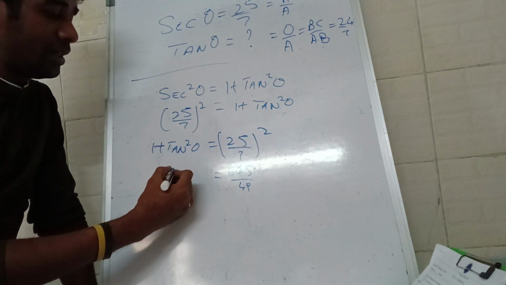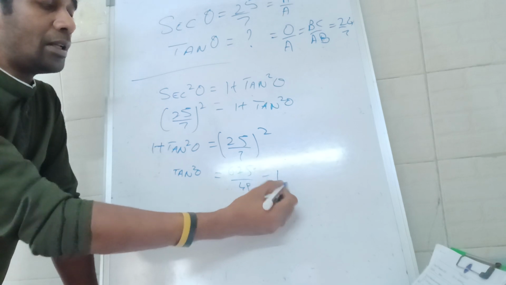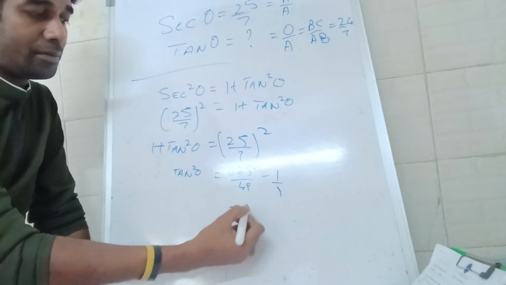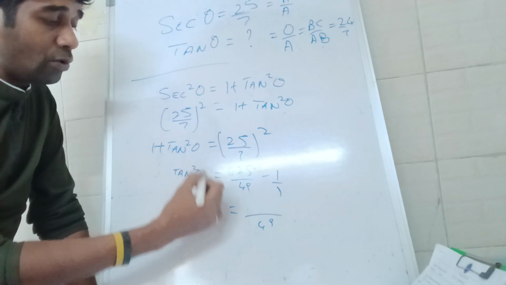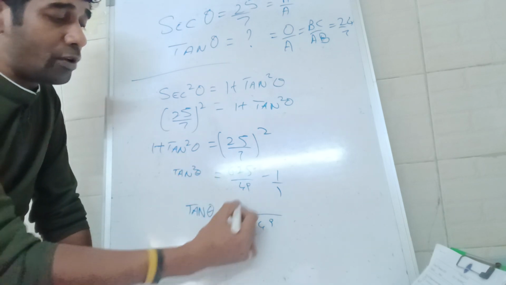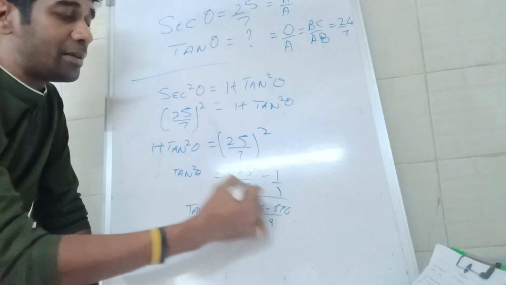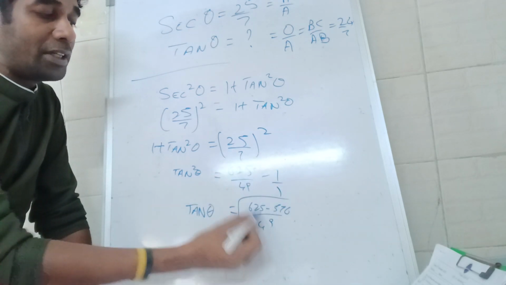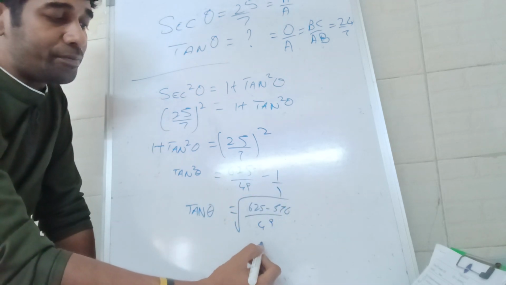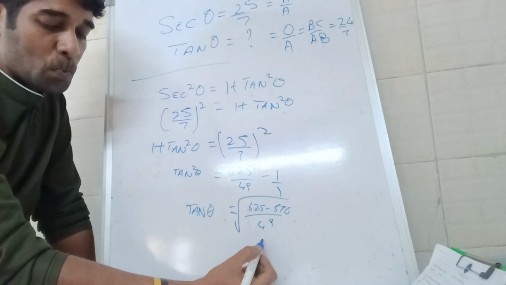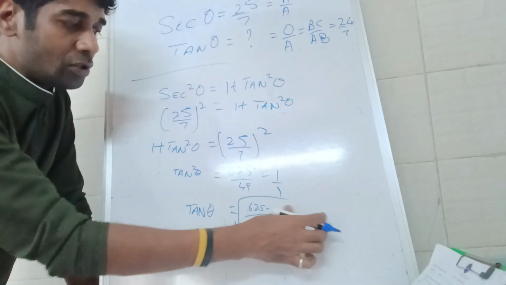Taking 1 on the other side, I will get minus 1 over here. Now take the LCM. LCM will be 49, so this is 625 minus 49 over here.